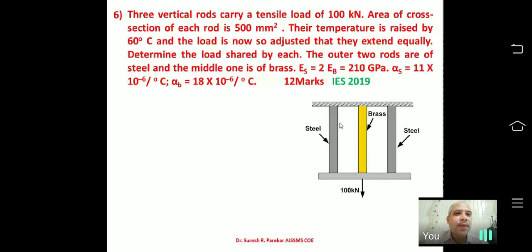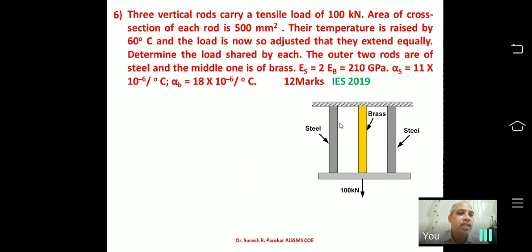First we have to think about which value of alpha is greater. Obviously alpha of brass is greater. So the brass bar will go in compression and the steel bar will go in tension. We are considering steel bar in tension and brass bar in compression.